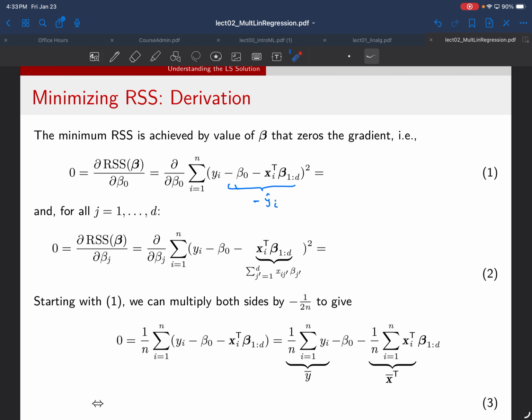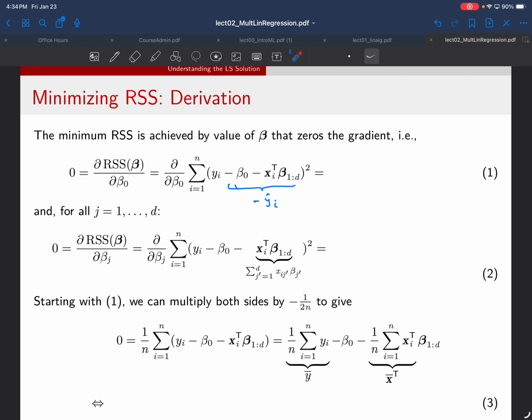Okay, so what we can do is just apply the chain rule. It's something similar to what we did last time. We can move this derivative through the sum and then focus on differentiating this and summing it. To differentiate this, using the chain rule, we're going to have 2 times this whole thing.